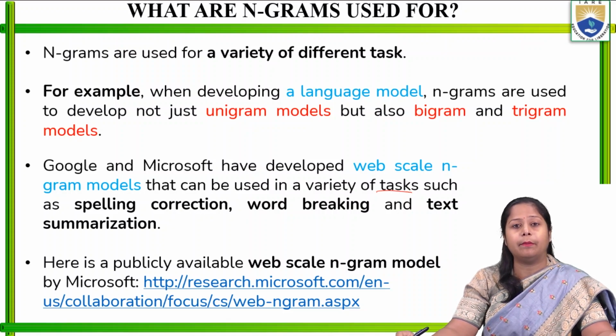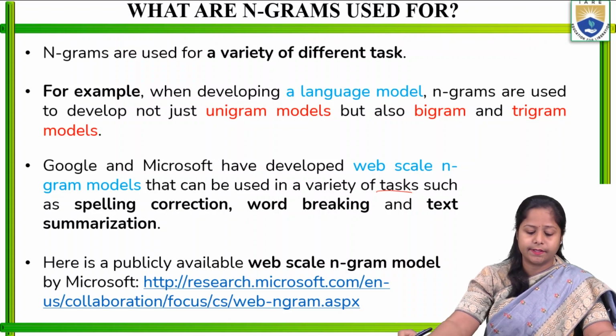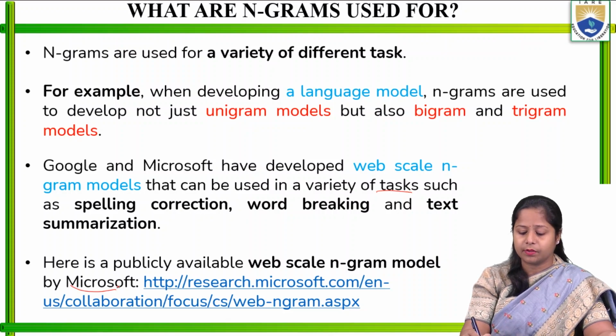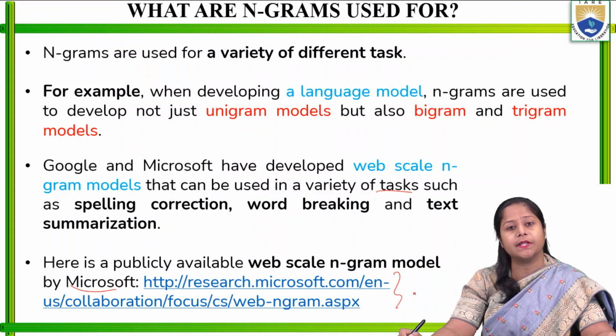Here are some publicly available web scale n-gram models by Microsoft. This is a link; by clicking on it, we can see the different available n-gram models that people have applied.